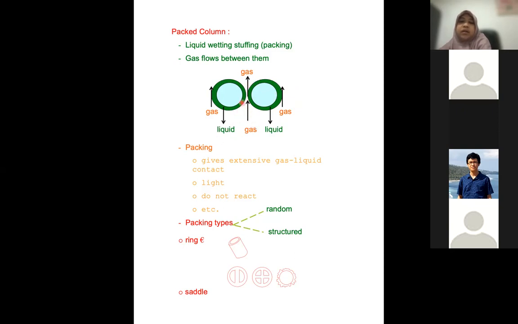So the liquid and the gas have contact here and also here. This contact makes mass transport, where the gas travels from the bulk of the gas to the interface and then dissolves into the liquid. We are going to learn about the principle of absorption tomorrow.